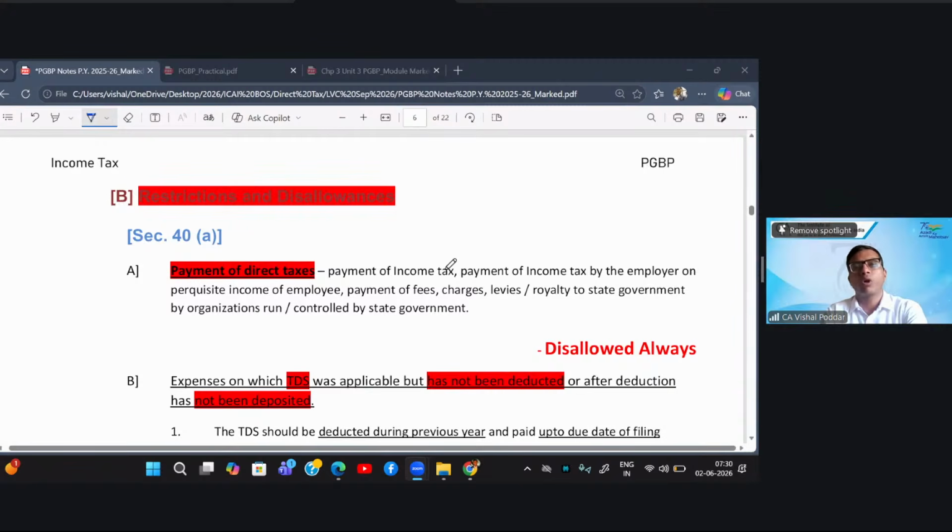As you can see, there is a lot of red here. Why? Because this provision is something not favoring you. If you fall in these provisions, unfortunately, the expense which you want to deduct while computing PGBP income may not be allowed to be deducted. That is why we call it disallowance.